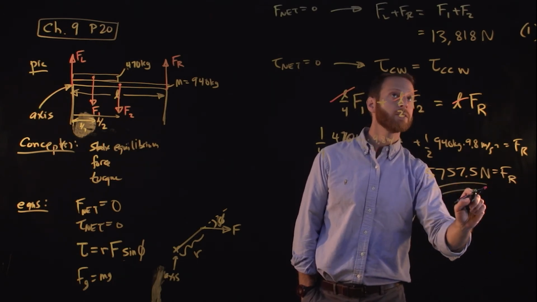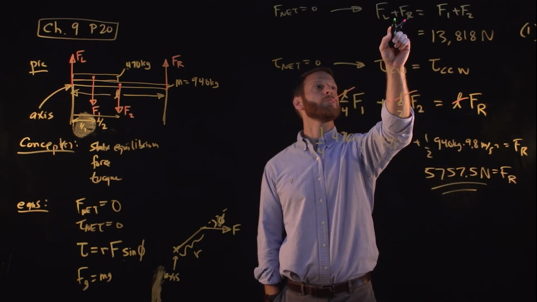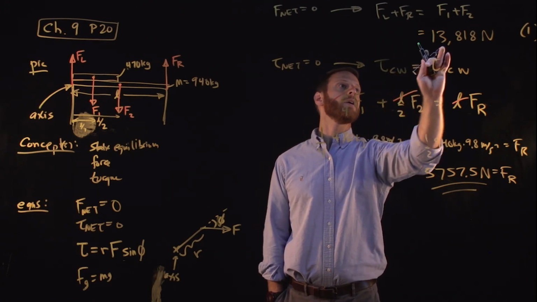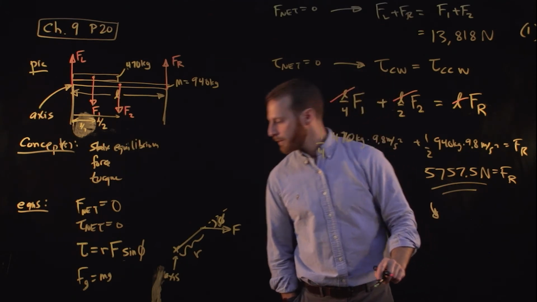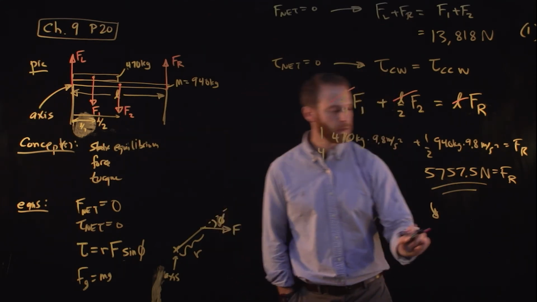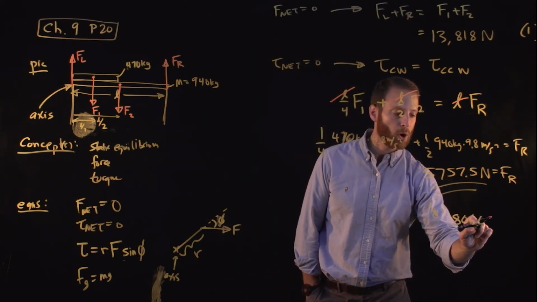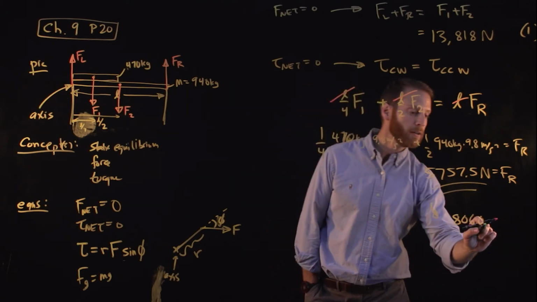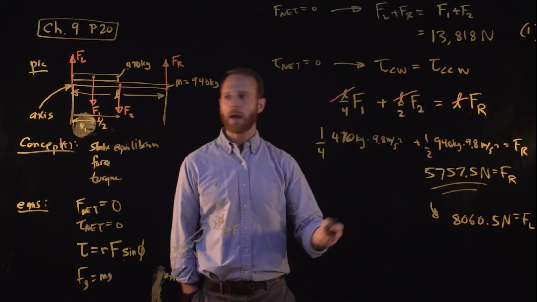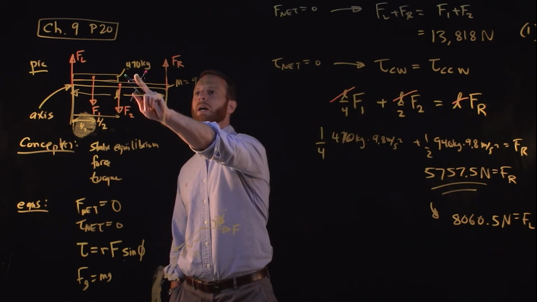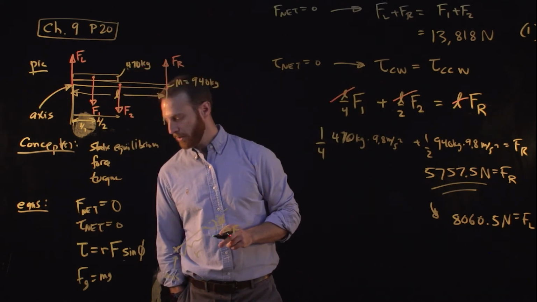Now that you have this, you can put that into the first equation. Now you know Fr and you know what's on the right-hand side. That tells you that Fl is 8060 or so. I think there's a 0.5 in there, newtons. So we're basically there. In the end, we need to round because we're only given 2 or perhaps 3 significant figures here.